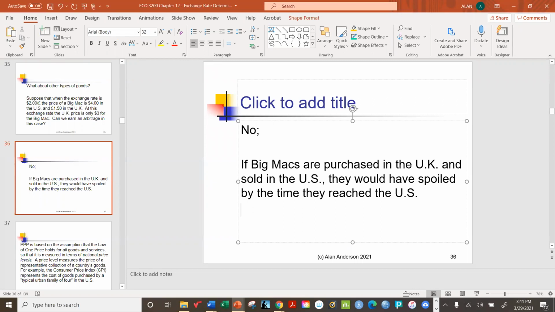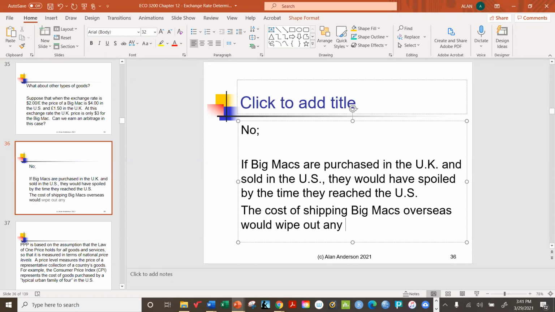And number two, the cost of shipping Big Macs overseas would wipe out any arbitrage profits that could be earned. So in other words, this is not likely to hold with the Big Macs.